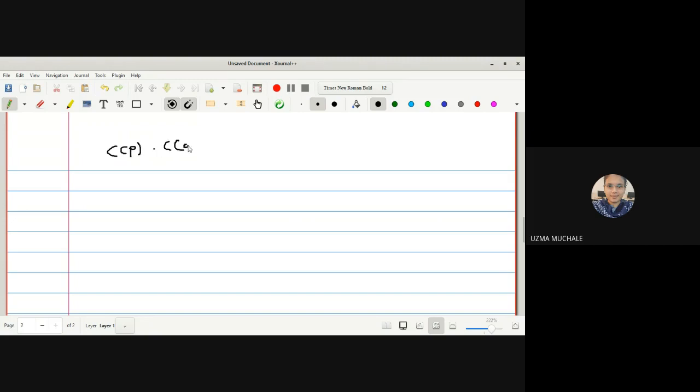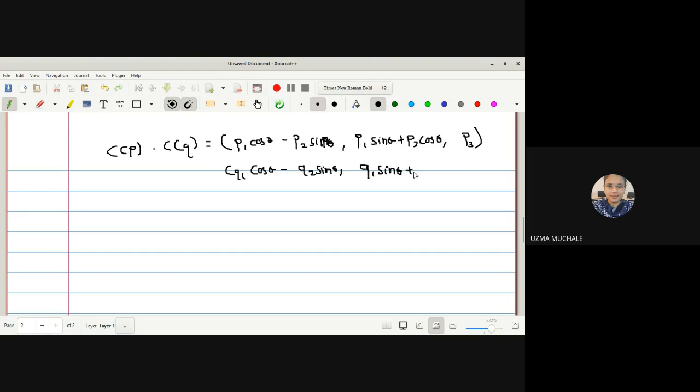Cp dot Cq is equal to, okay, Cp and Cq we know, right? What is Cp? It is nothing but P1 cos theta minus P2 sin theta, comma P1 sin theta plus P2 cos theta, and the last term is P3, multiplied with Q1 cos theta minus Q2 sin theta, and here we have Q1 sin theta plus Q2 cos theta and Q3.